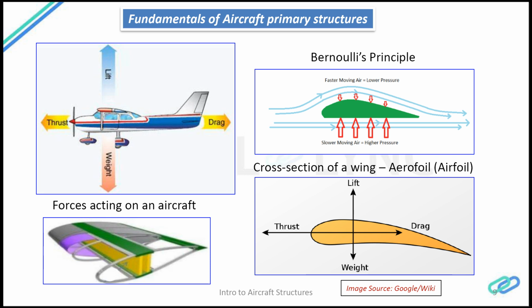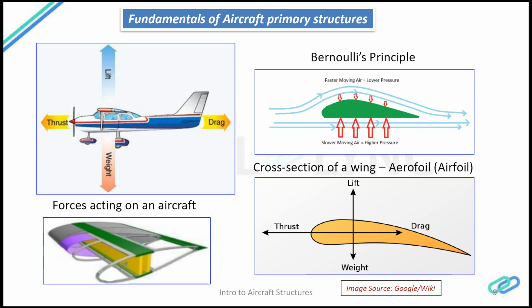Predominantly weight will be more due to the gravitational effect, lift will be very minor, and thrust will be more. These two components will be more on the ground when the aircraft is taxiing.